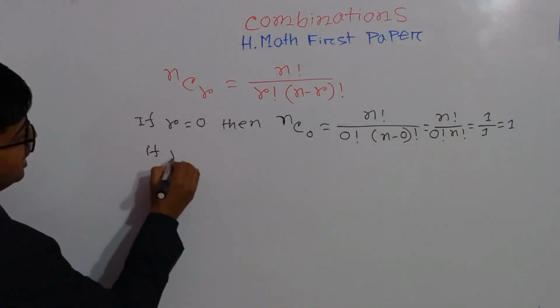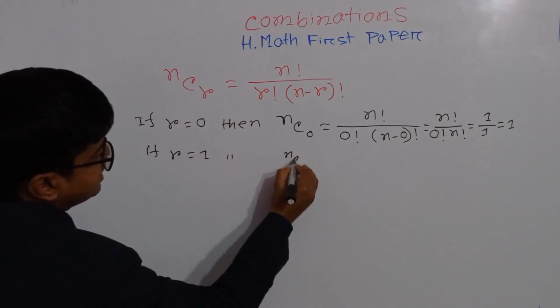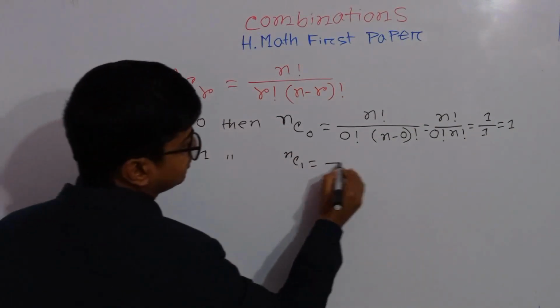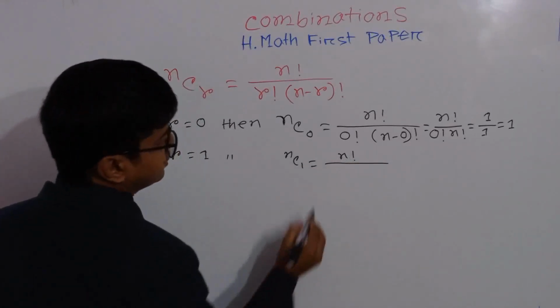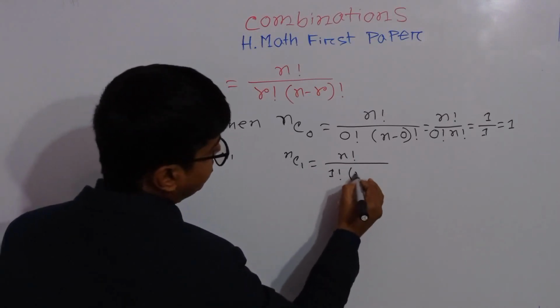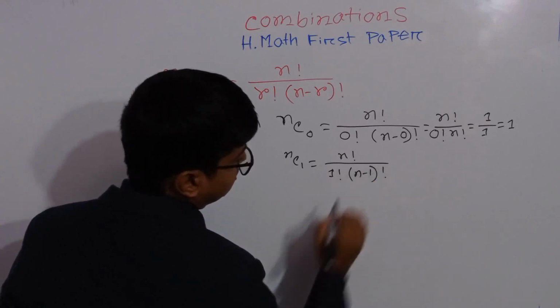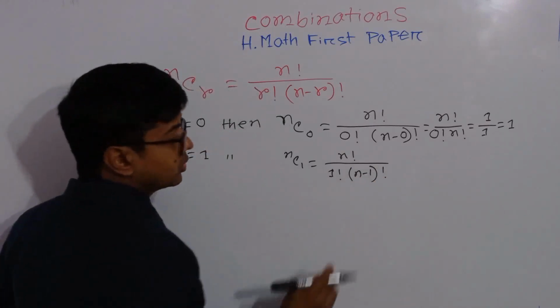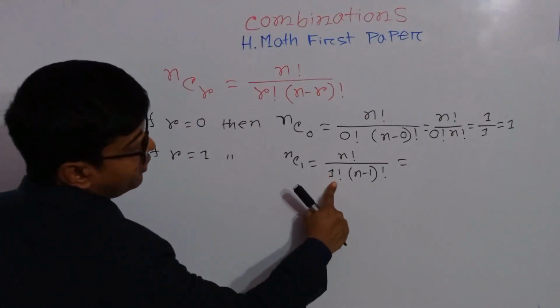Here if r equals 1, then nC1 equals factorial n by factorial 1 into factorial n minus 1.